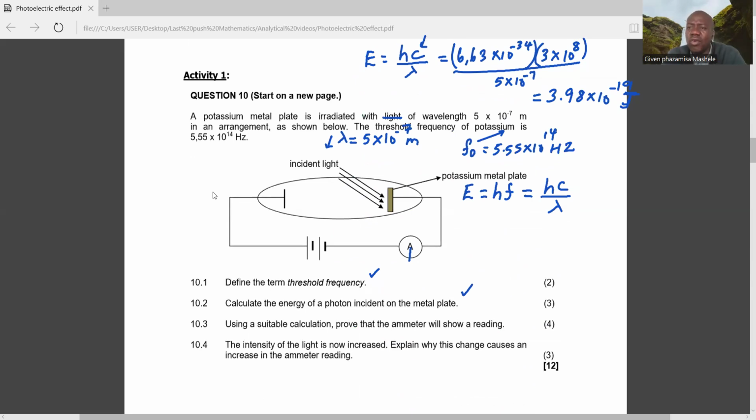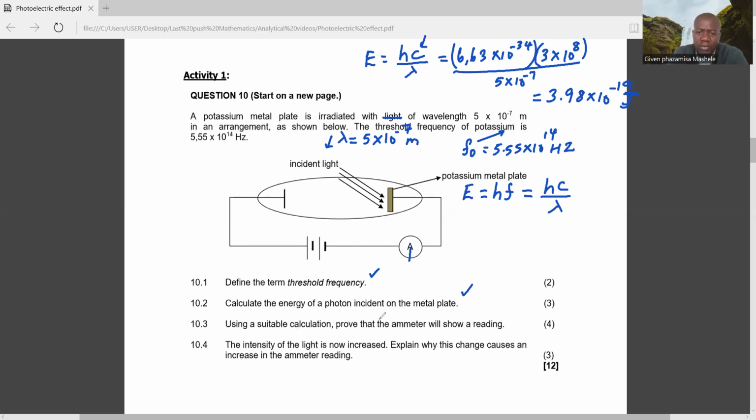And the shorter the wavelength, the higher the energy of photons, because in that case, they are inversely proportional. If lambda is longer, the energy of photon becomes lower. So they're inversely proportional. Right, now we've answered the first and the second. Let's move on to the next question.